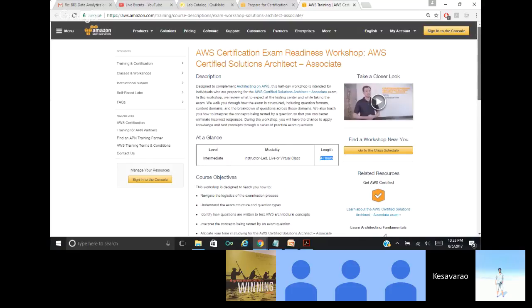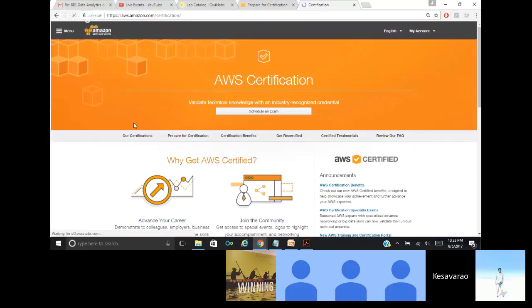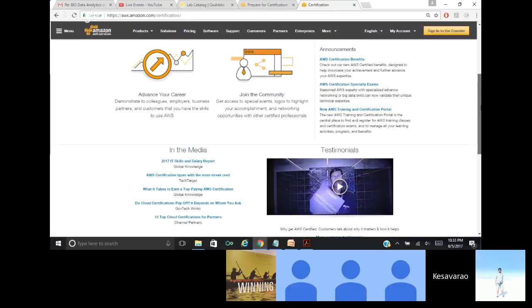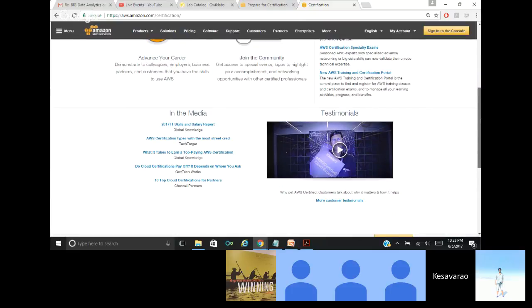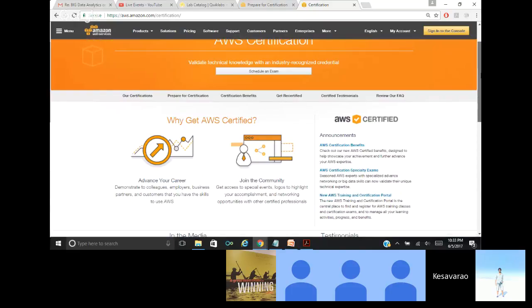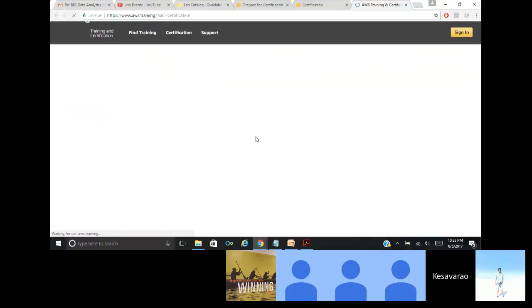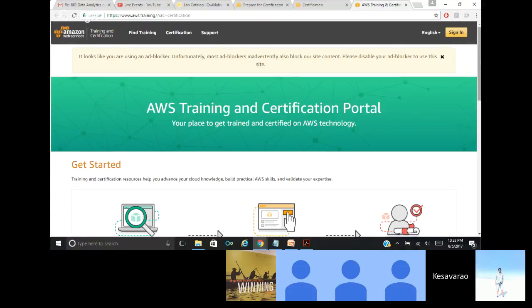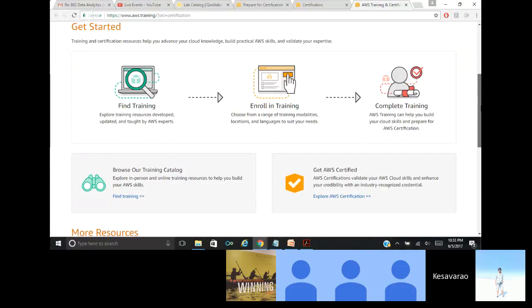If you see here, if you go to AWS certification, they tell you all these. Where is that? Yeah. But the path, what I want to show is actually the path. There are three paths. One is associate. Yeah, here it is.